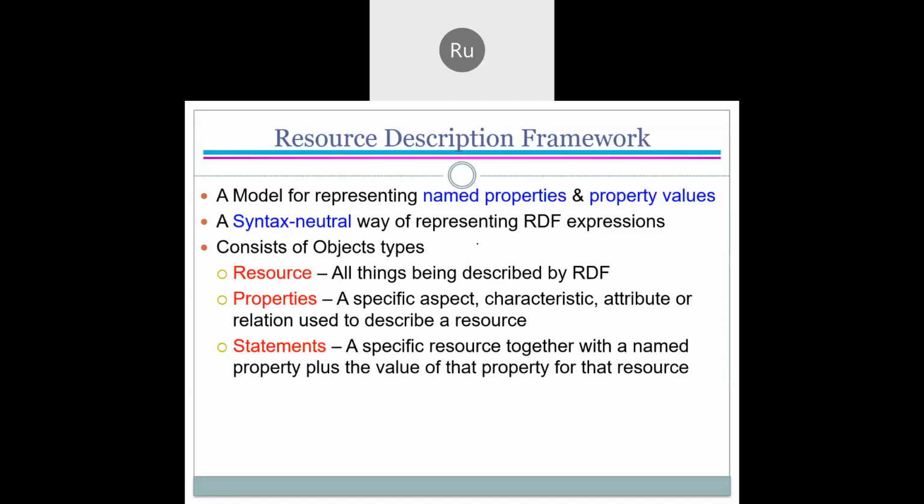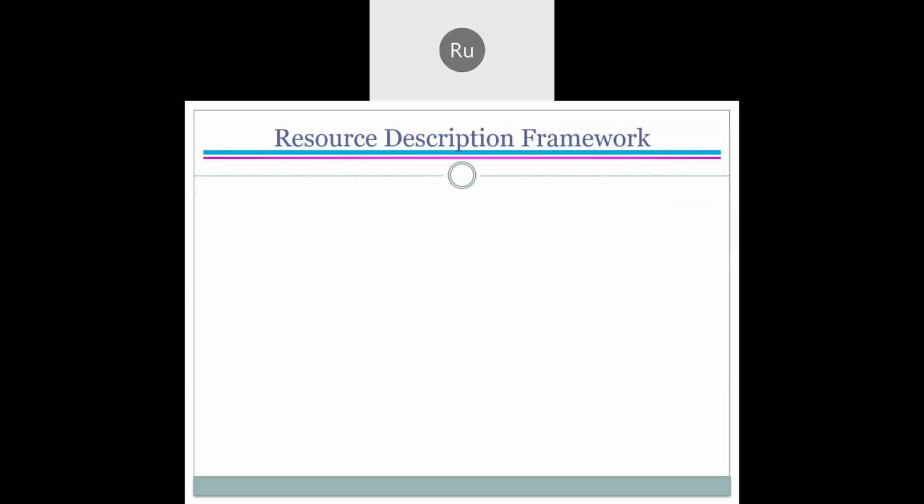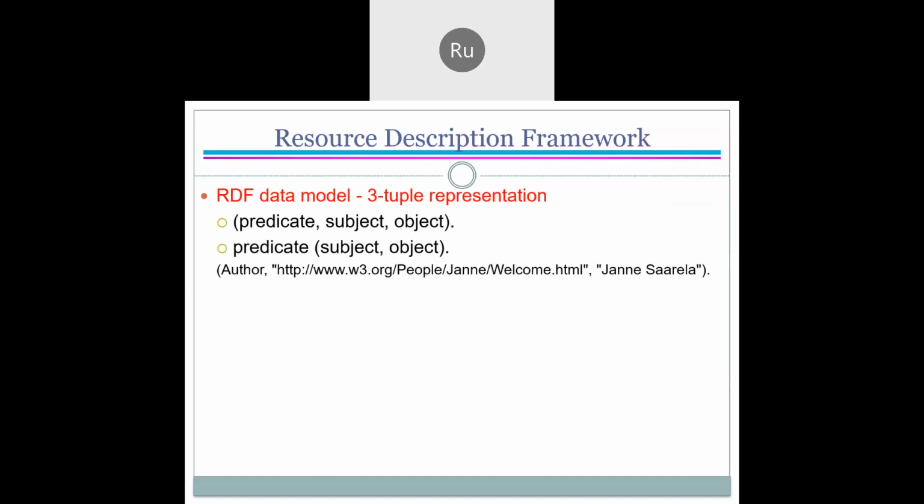This will give you some example. For example, like this, we have the tuple representation. We have the predicate, subject, and object. So for example, like this, we know that this is the predicate, this is the subject, and this is the object. For the predicate, it says the author.